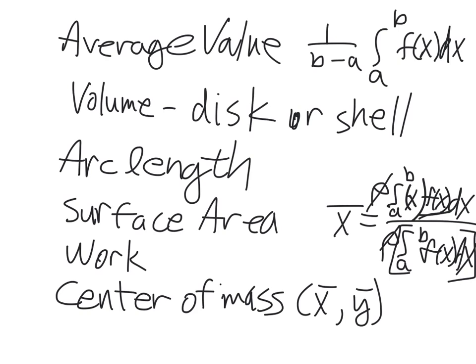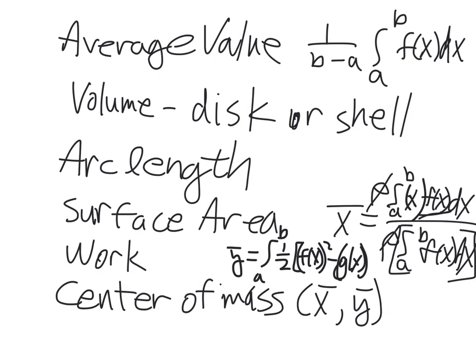So, and then y bar, this one got a little more complicated with the formula, changing it all into terms of x. We had integral from a to b, well, that's the numerator, 1/2 of our top function squared minus the bottom function squared dx, all over the area.